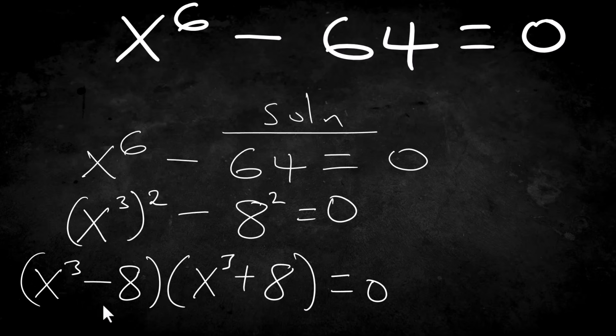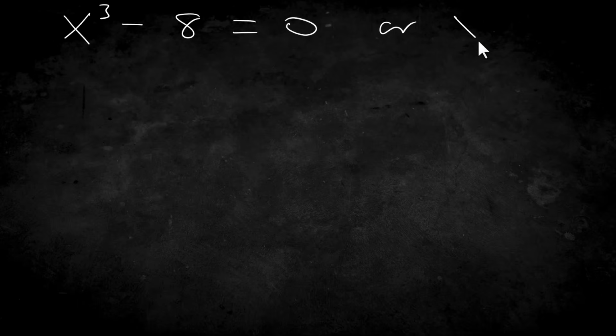Now, from here, with the zero product, we have x cubed minus 8 equal to 0, or x cubed plus 8 equals 0. Now let's start with x cubed minus 8 equals 0. This one will give us 3 solutions, and this one will give us another 3 solutions, making 6.